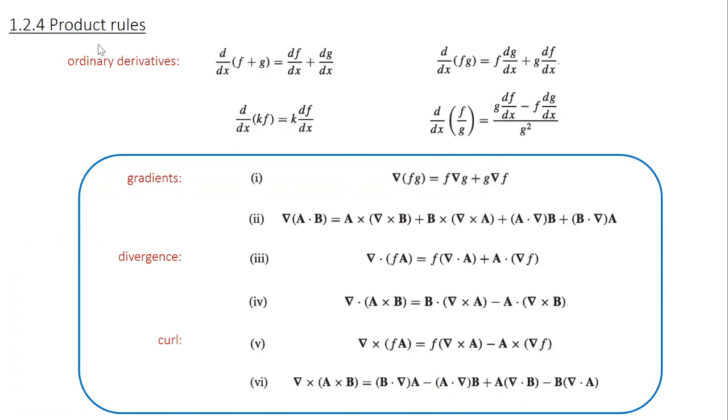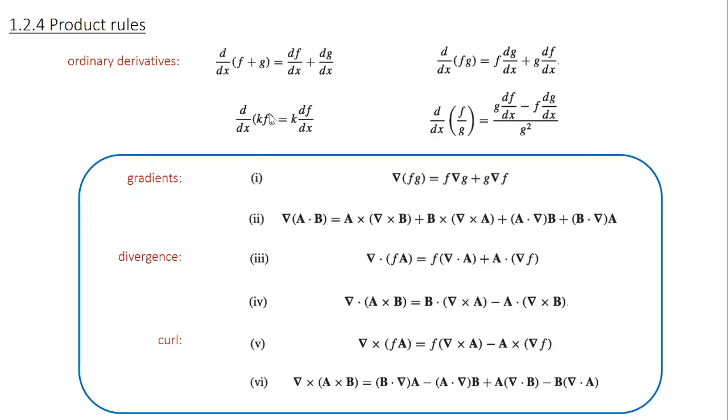Now in the case of normal derivatives, we are familiar with product rules. There are 4 product rules. If you have two functions f of x and g of x, then d by dx of f plus g you can expand as df by dx plus dg by dx.